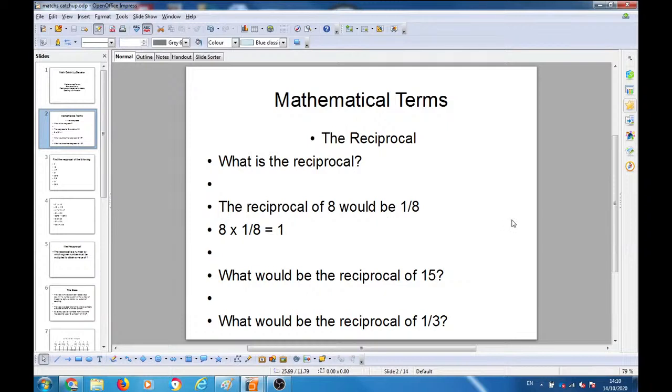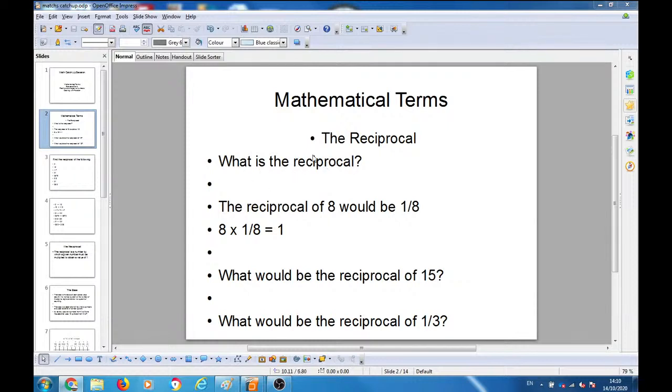The first one we need to catch is mathematical terms. We need to look at a couple of questions. The first one is, what is a reciprocal?